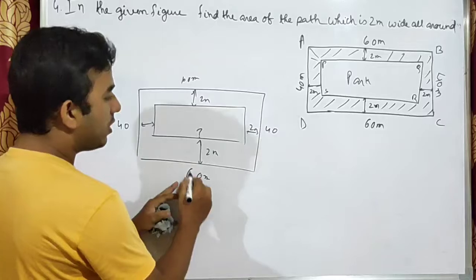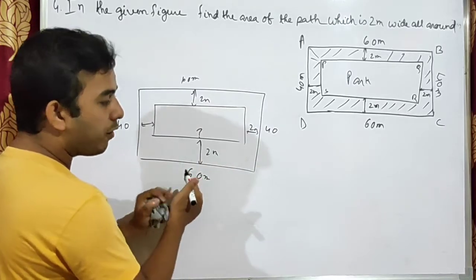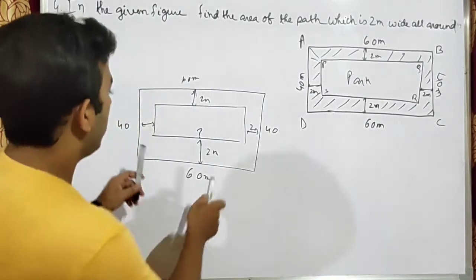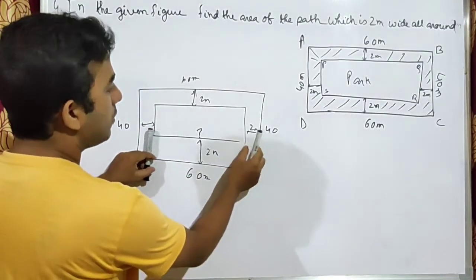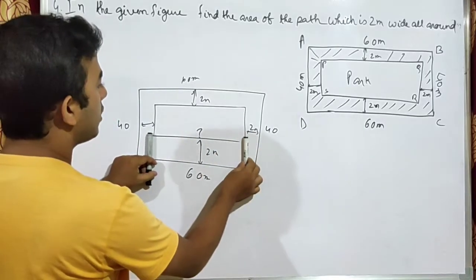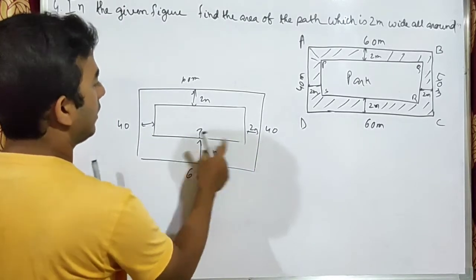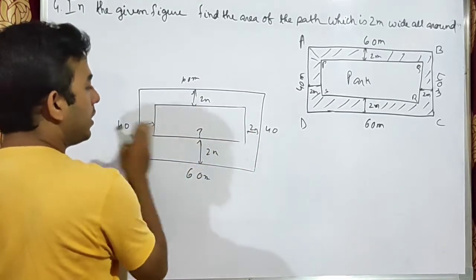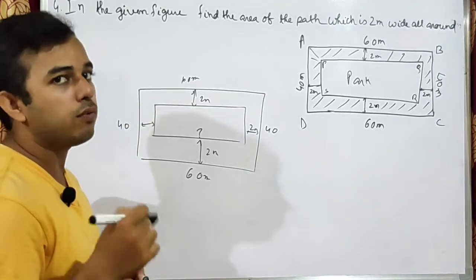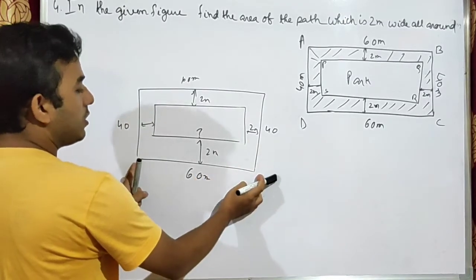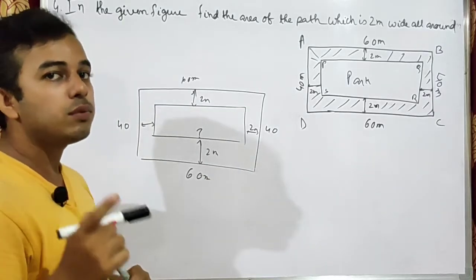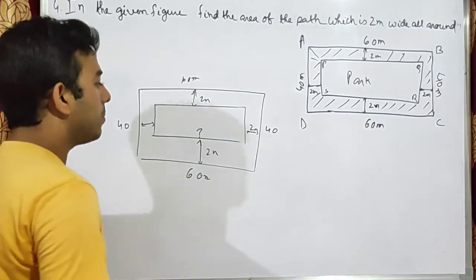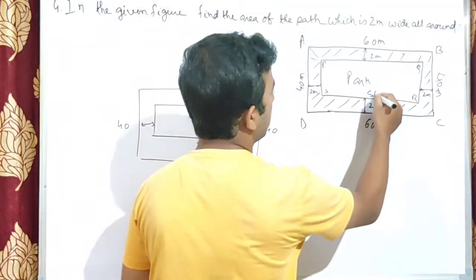So if I subtract 4 from 60, from both sides we cut 2 meter, then we are finding the length, right? This side 2 meter, this side 2 meter, altogether we have cut 4 meter. But the total length is 60 meter. So 60 minus 4 is 56. That means the length of this park will be 56 meter. Clear? So right here, 56 meter.